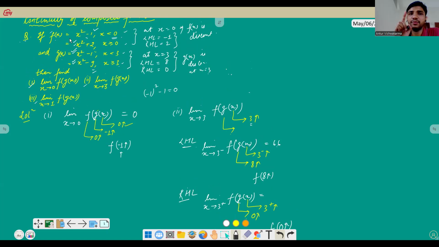When x is approaching 0 from the left hand side, its behavior is different. When x is approaching 0 from the right hand side, its behavior is different. So again, we need to choose one definition from f(x). Which definition we need to choose, that we need to check.